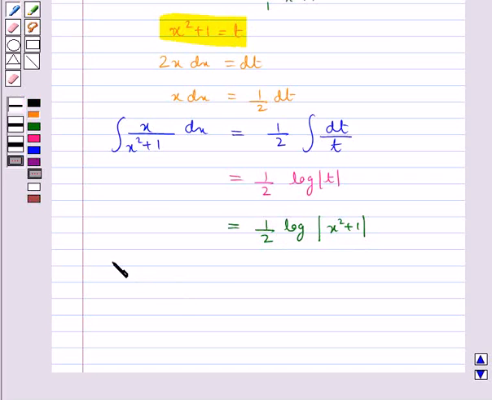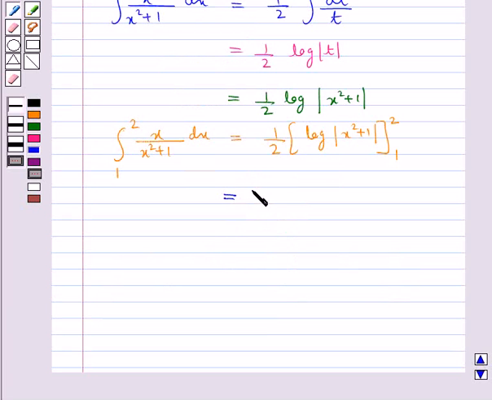So now integral from 1 to 2 of x over x square plus 1 dx is equal to 1 upon 2 log modulus x square plus 1 with limits 1 to 2.